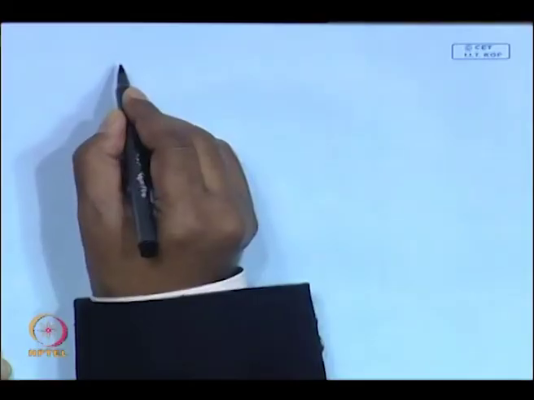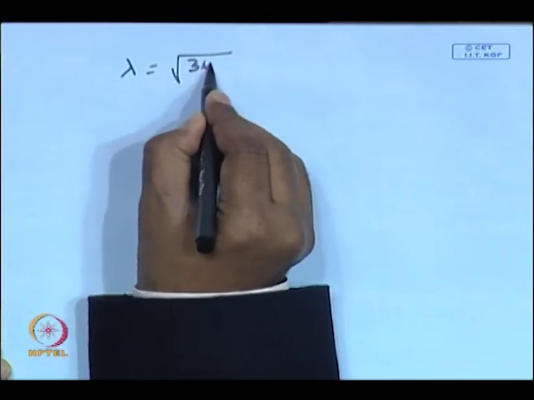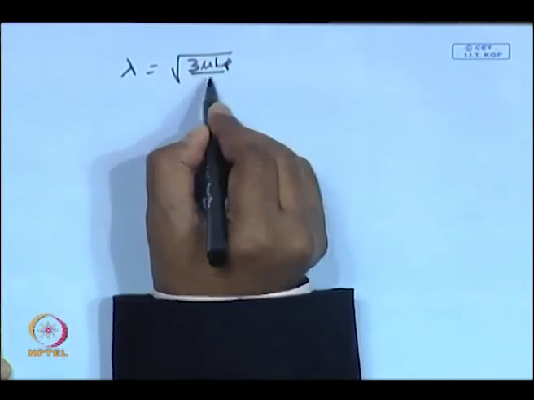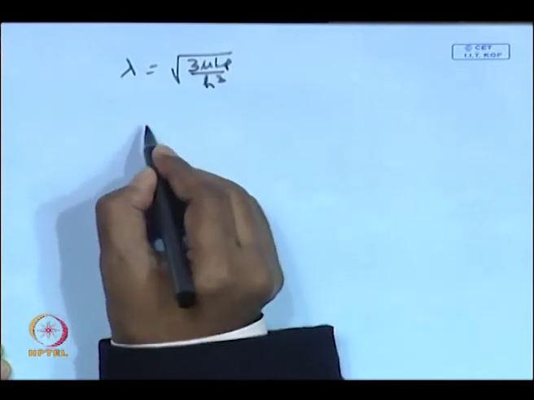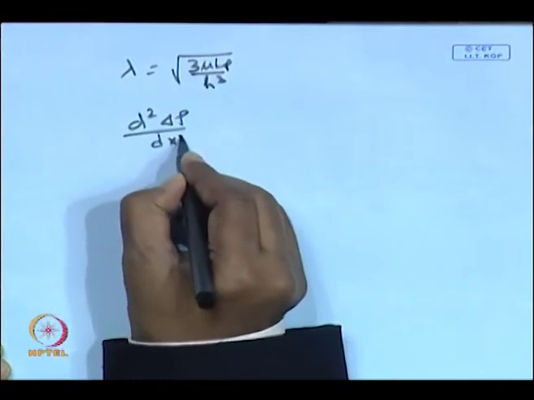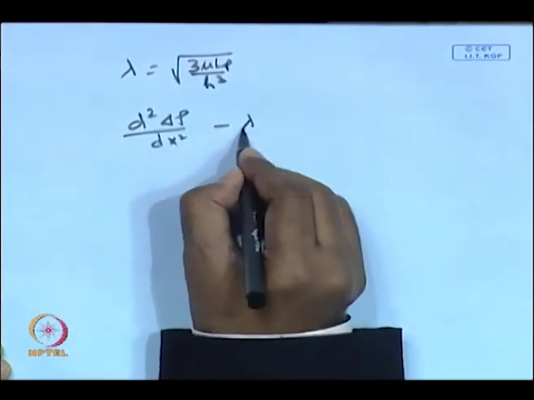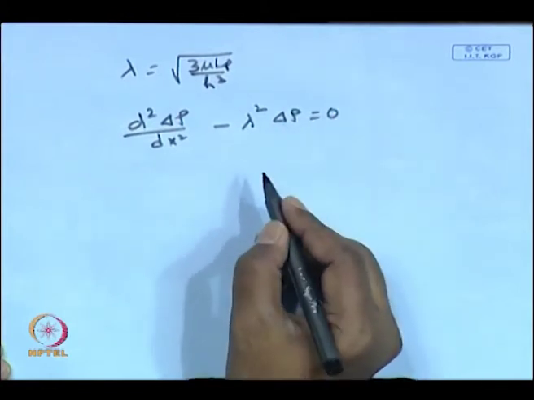We consider, let us say, lambda is equal to the root over 3 mu Lp over h cube. In that case this equation can be written as d square delta p dx square minus lambda square delta p equal to 0.